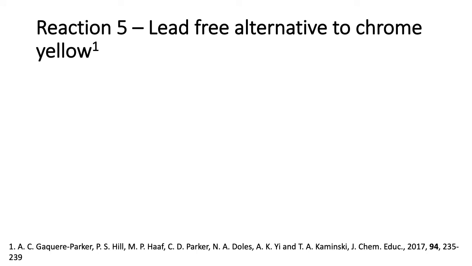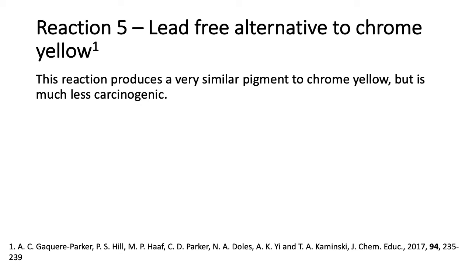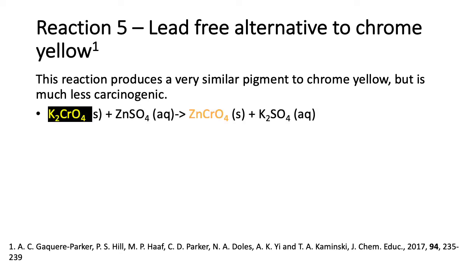So this is a slightly less dangerous version of chrome yellow. It doesn't actually involve lead. It's less carcinogenic. So the potassium chromate reacts with zinc sulfate. That makes this orange zinc chromium complex.